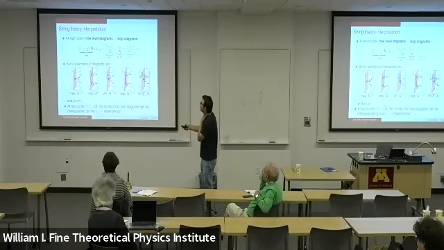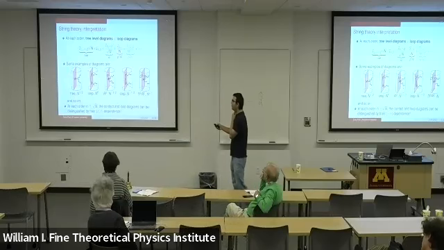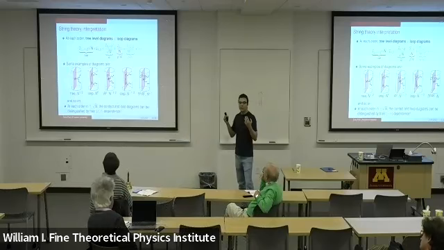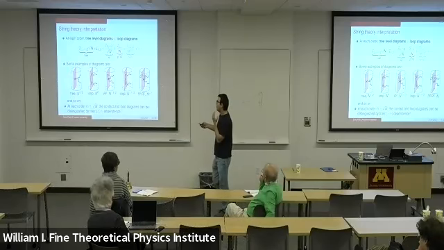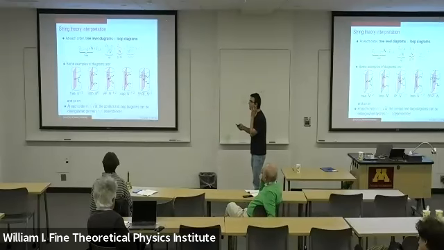Next order is just loop diagrams. The next order is both loop diagrams and tree-level diagrams. The next order is again both loop and tree-level. So naively, at least, it might seem impossible to distinguish the loop contributions from these contact interactions, these higher derivative contact interactions.